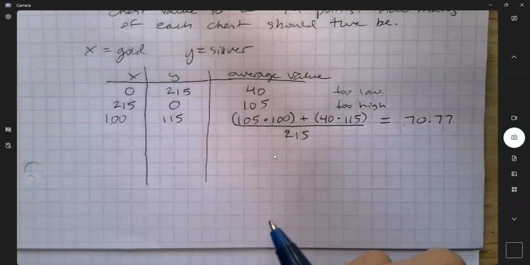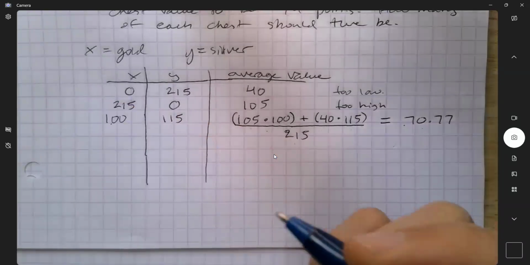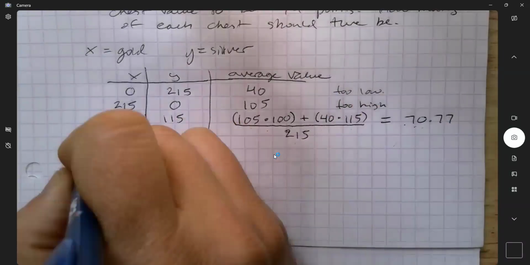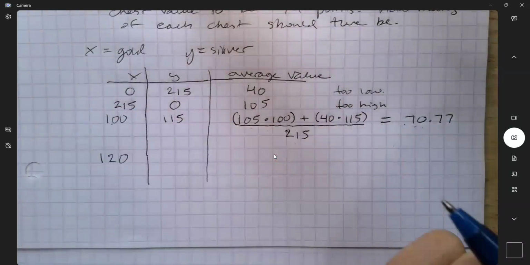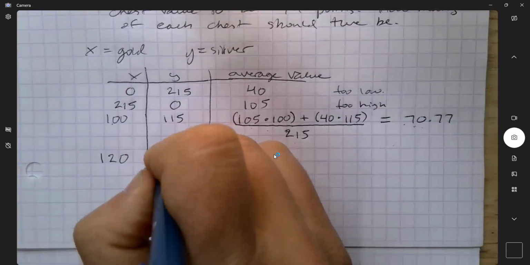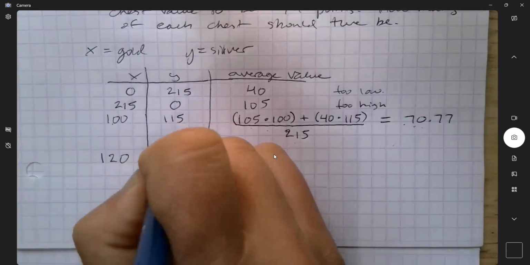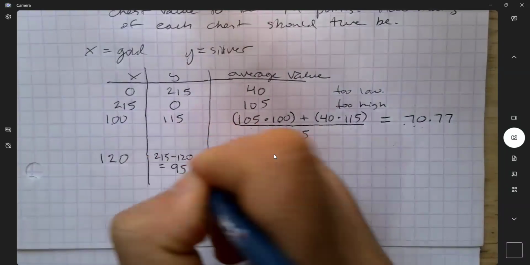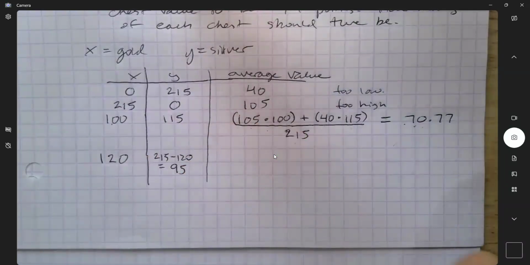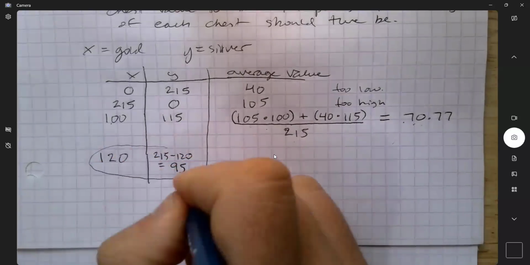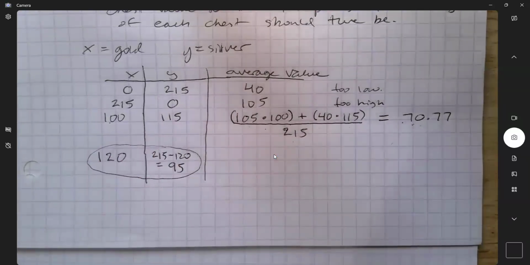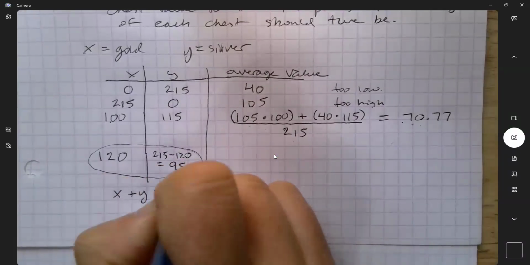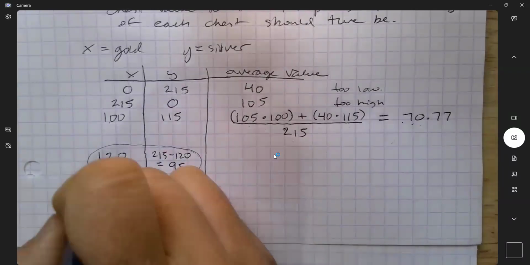So let's see. I need a little bit more gold to raise that average up. So what if I picked 120 gold? That would be 215 minus 120, which is 95 silver. And right there, that's a clue to one of my equations, because that means that the x plus the y had better equal 215 total.